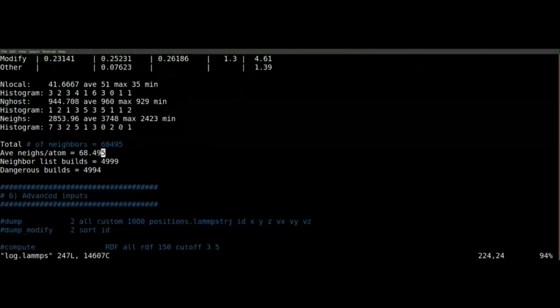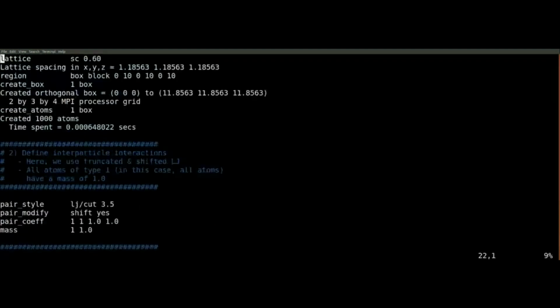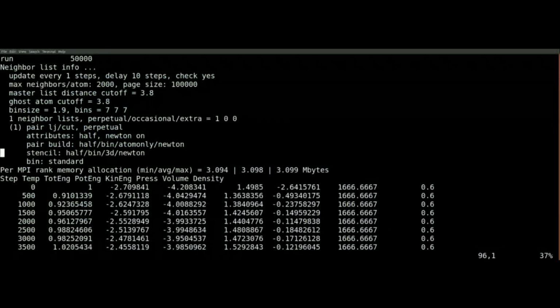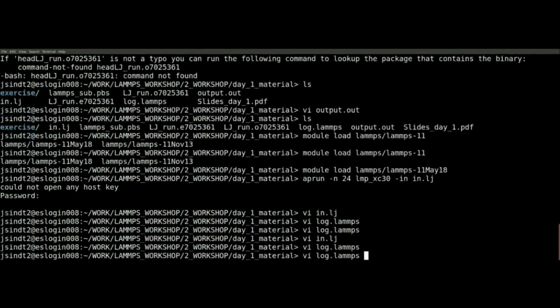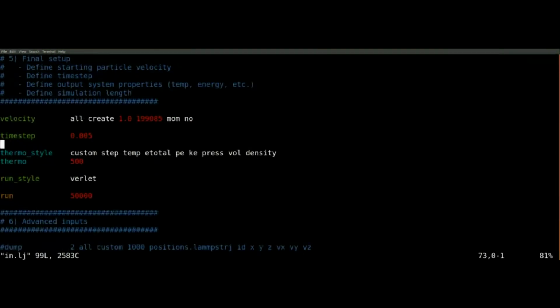The first one was time step, then temperature, total energy, potential energy, kinetic energy, pressure, volume, and density. The way LAMMPS knew to output these properties and no more, no less, is because I set the outputs that I wanted in the script.